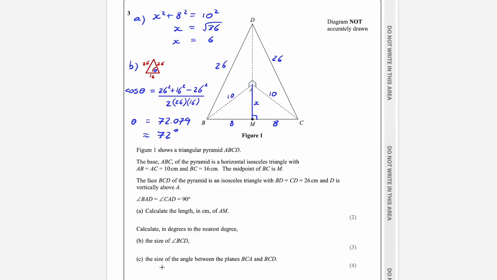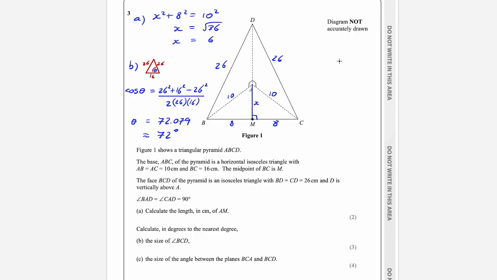Okay, finally, the size of the angle between the planes BCA and BCD. So BCA is this bottom plane here, and BCD is this kind of front triangle. Now, this is kind of hard to see, guys, but the angle we're looking for is DMA. So imagine you move to the side and you're looking at it from this side here.